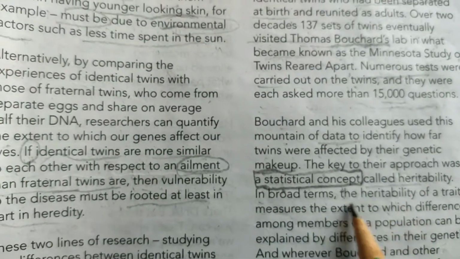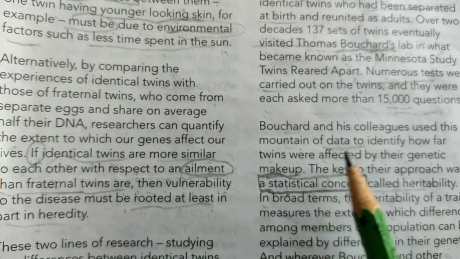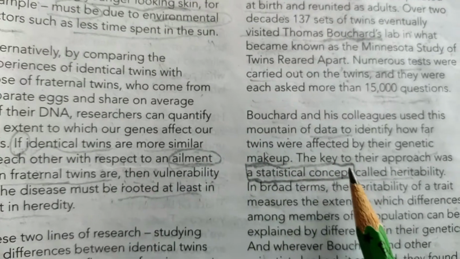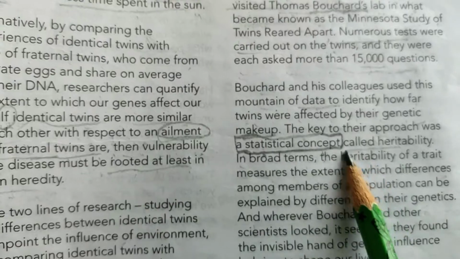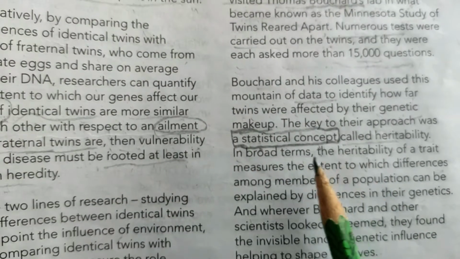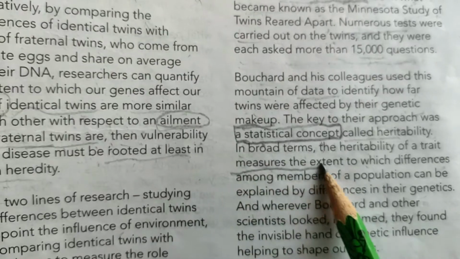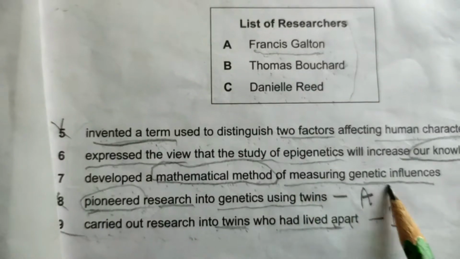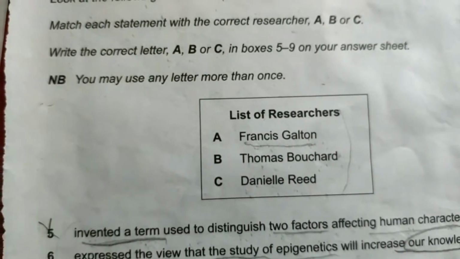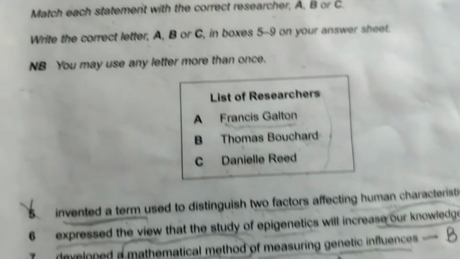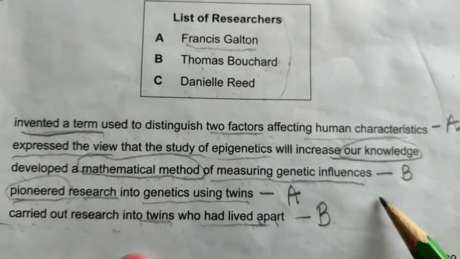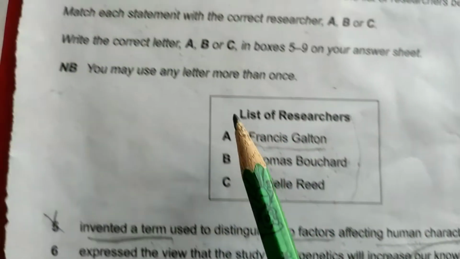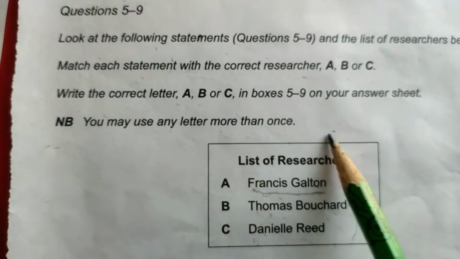Here clearly they have written that they used a mountain of data to identify how twins were affected by their genetic makeup. The key to their approach was a statistical concept called heritability. The heritability of a trait measures the extent to which differences among members of a population, measuring genetic influences. For this, B again. See, we are using the letters A and B again and again, more than once. What he has written: you may use any letter more than once.